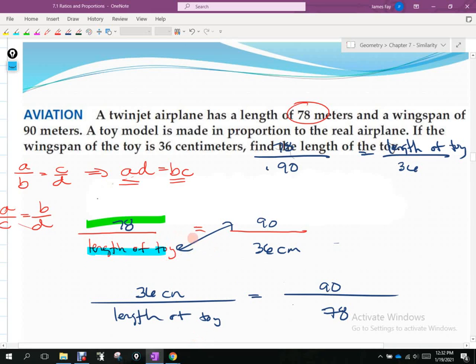When I cross multiply, we'll always get 78 times 36 in that one, 78 times 36 in that one, 78 times 36 in that one. That make sense? Okay. The other one, I'm looking for the length of the toy, so that's going to be my variable, x. And when I cross multiply there, I'm going to have 90 times x.